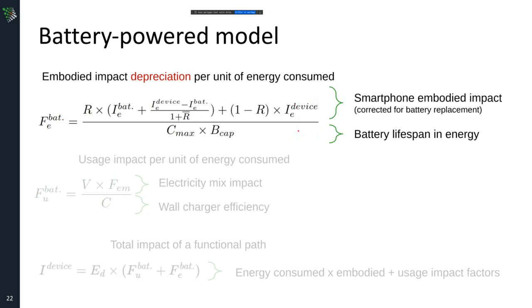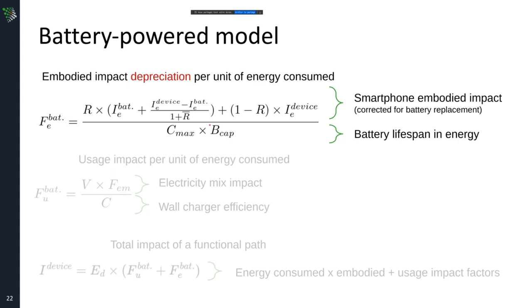Specifically, when we talk about battery-powered devices, the lifespan of the hardware is estimated using the capacity of the battery and the number of cycles that this battery can survive while remaining usable.